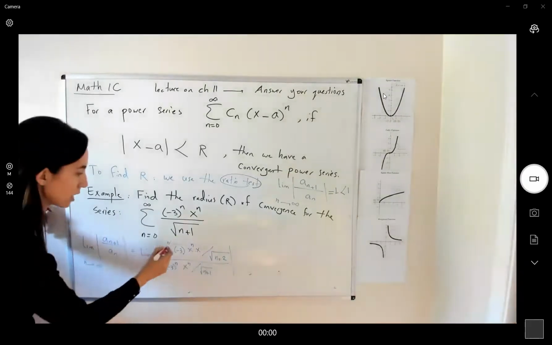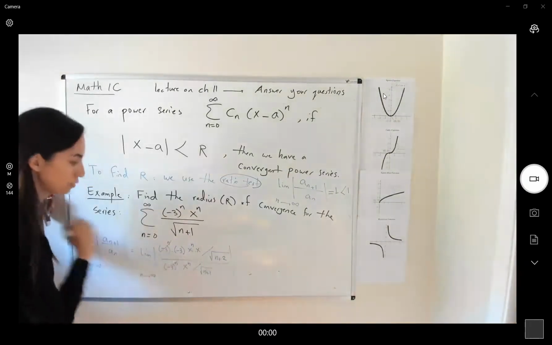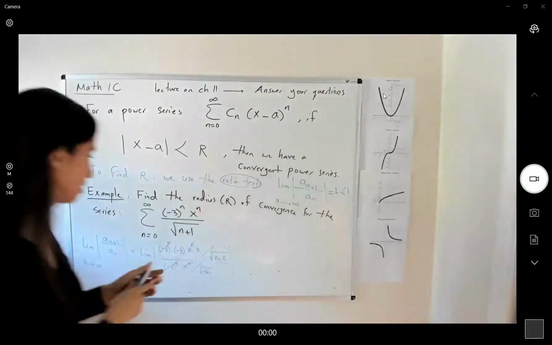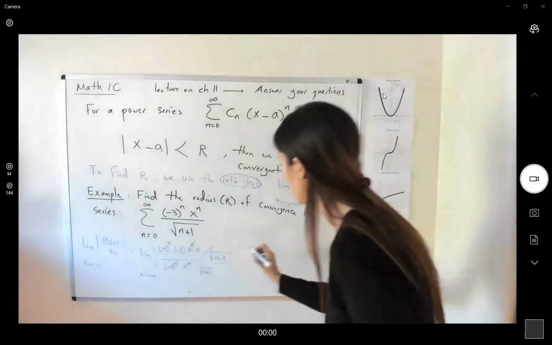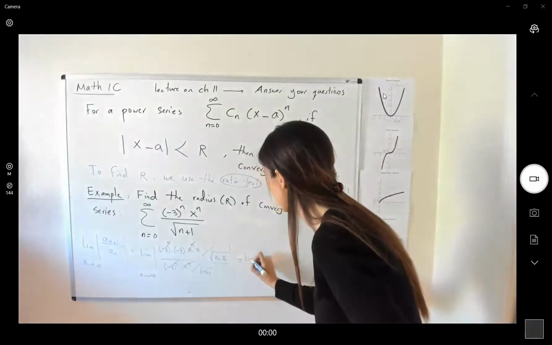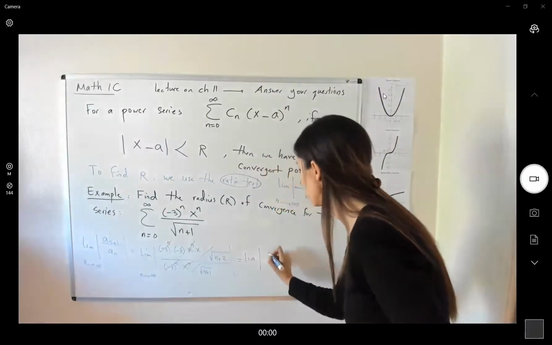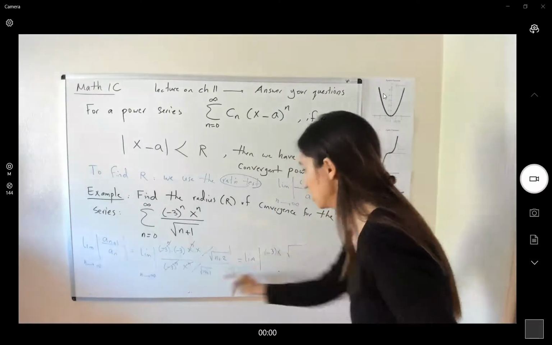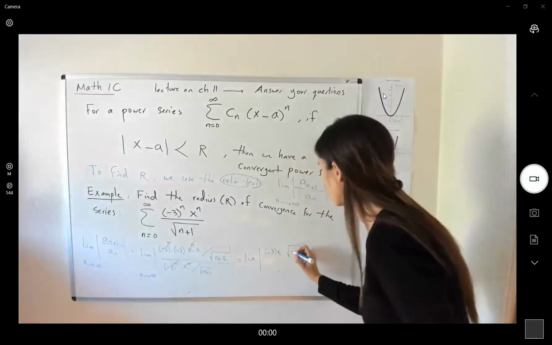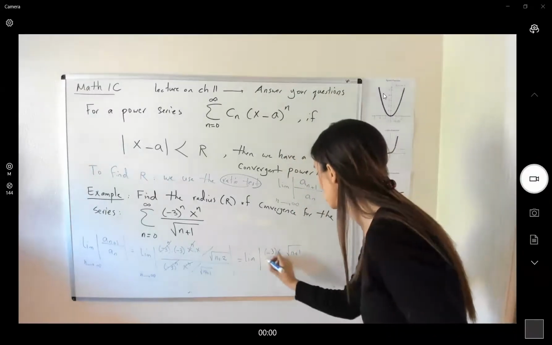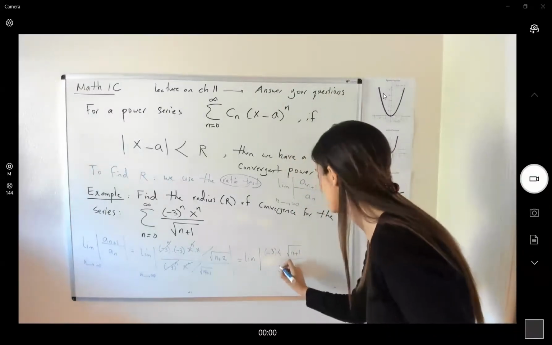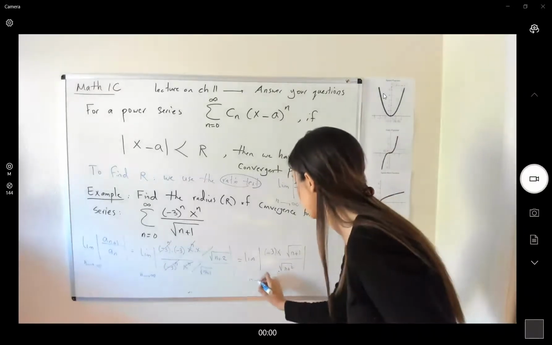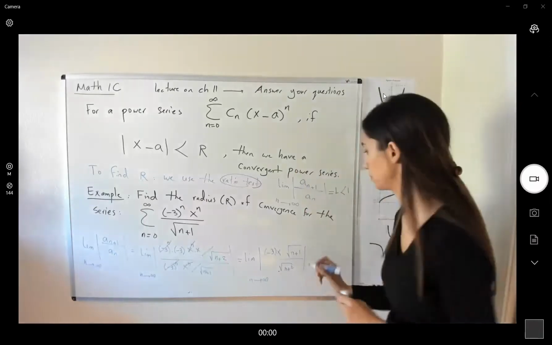We can cancel out -3 to the n, -3 to the n, x to the n, x to the n. Very well. So here you have the limit of absolute value of -3 times x times, let us flip these two, square root of n plus 1 divided by square root of n plus 2, while n goes to infinity.